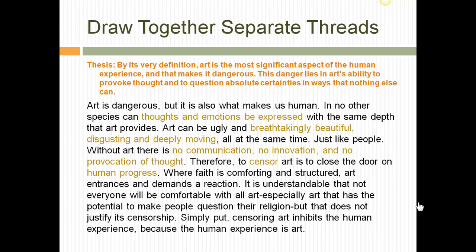In no other species can thoughts and emotions be expressed with the same depth that art provides. Art can be ugly and breathtakingly beautiful, disgusting and deeply moving all at the same time, just like people. Without art, there is no communication, no innovation, and no provocation of thought. Therefore, to censor art is to close the door on human progress.